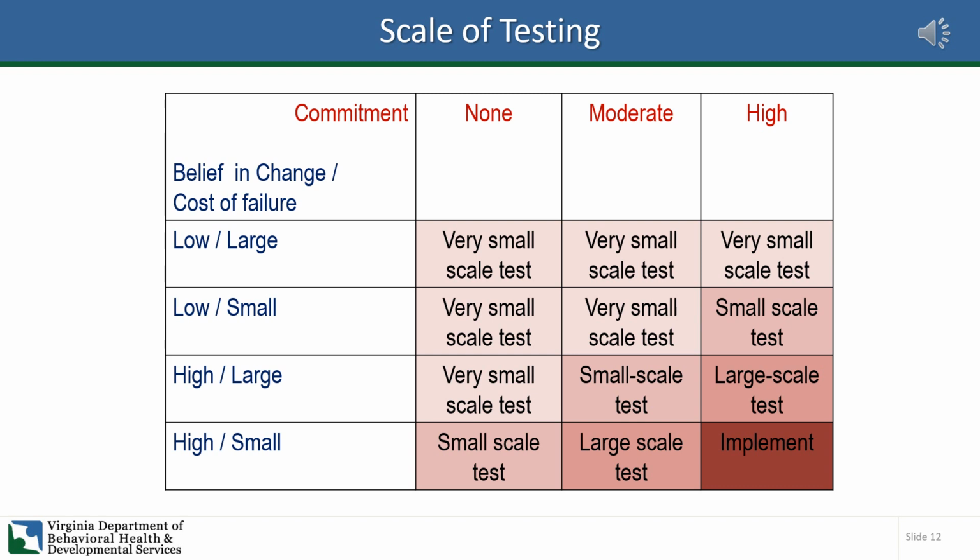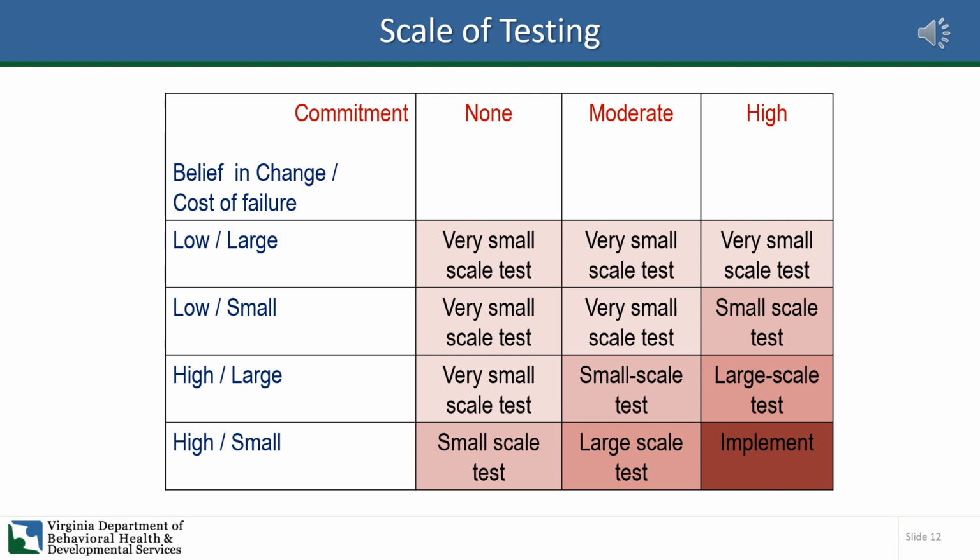You will usually land somewhere in the middle here, where there's low belief in change, small cost of failure, or high belief in change, but large cost of failure, and then moderate commitment to the change. So folks might be a little like, I don't know if this is going to work or not, but it's worth testing it out.